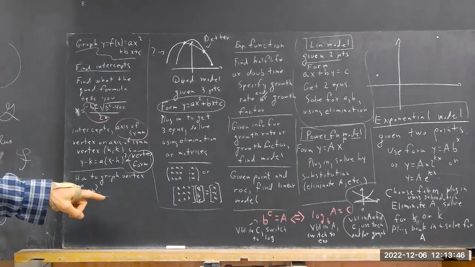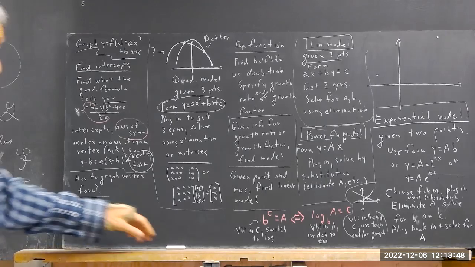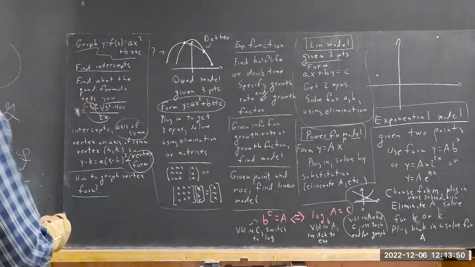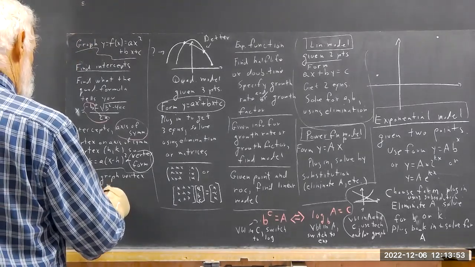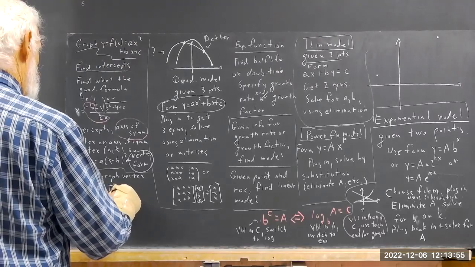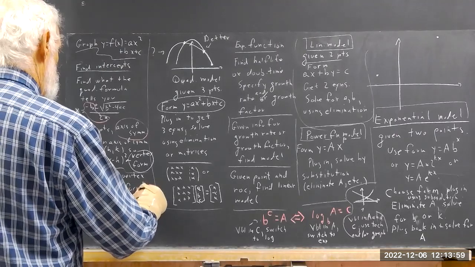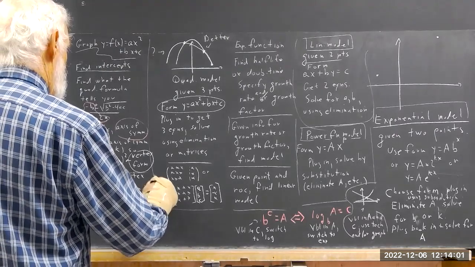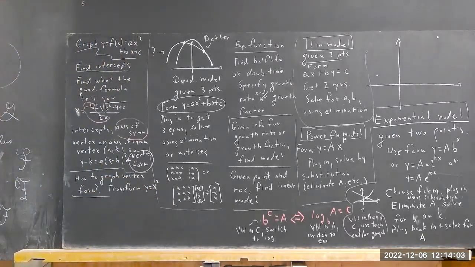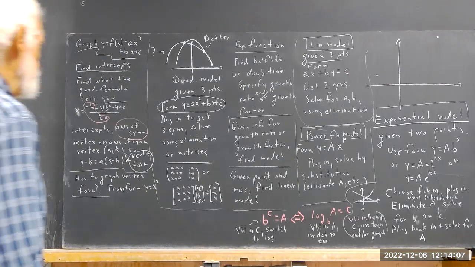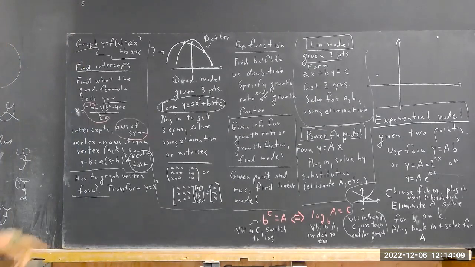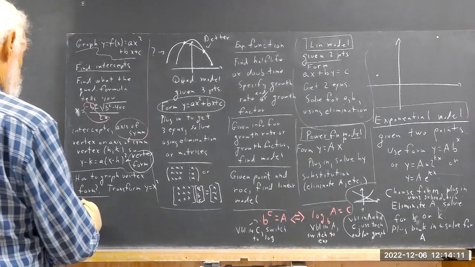So how to graph vertex form. We know that it's a transformation of y equals x squared. What are the transformations?